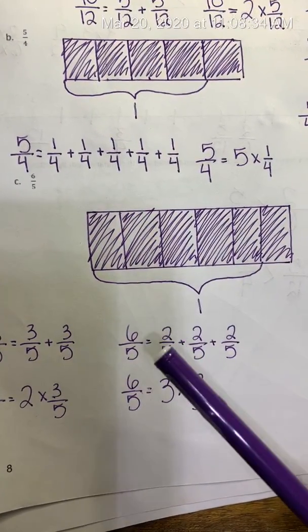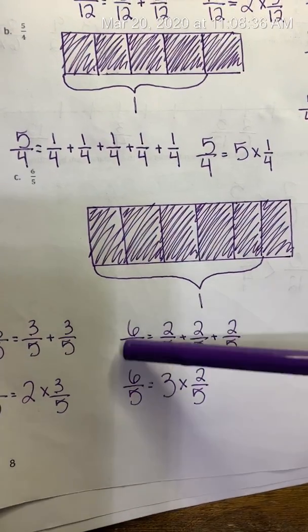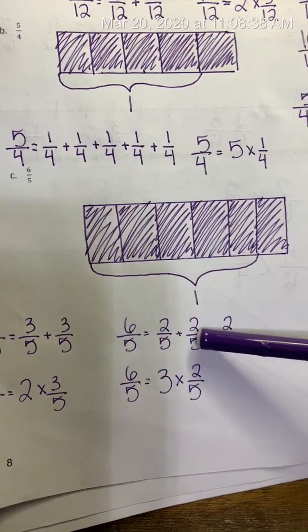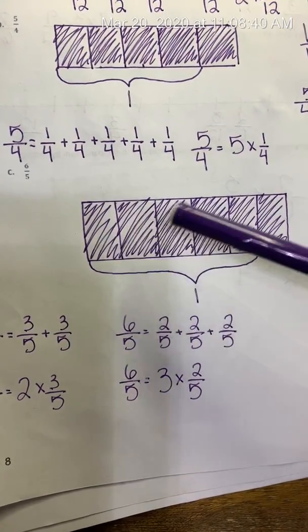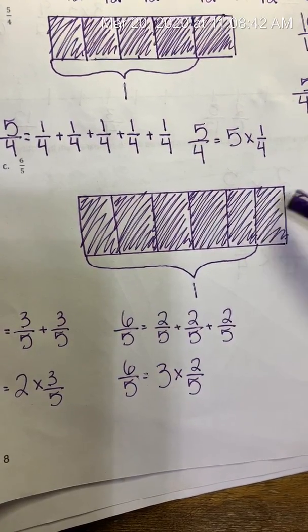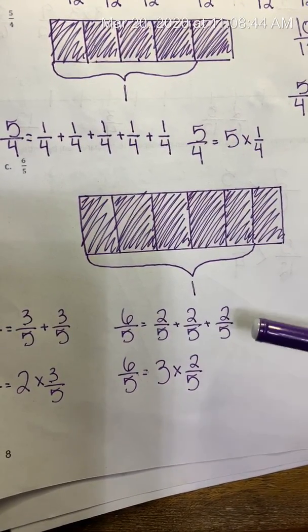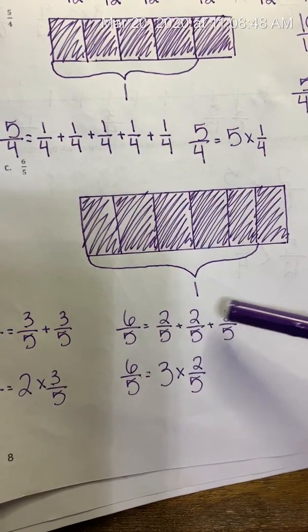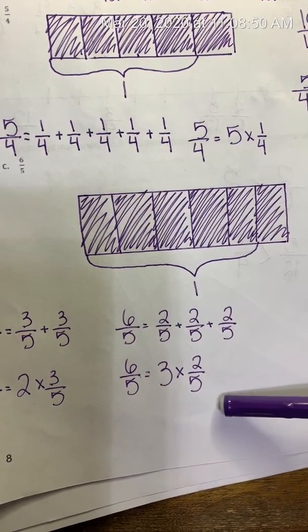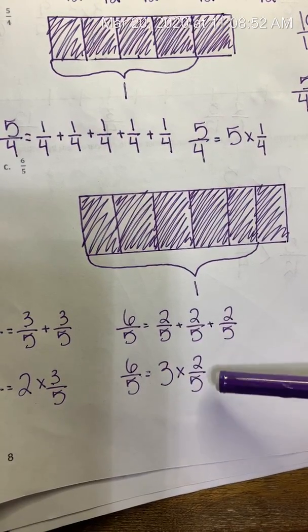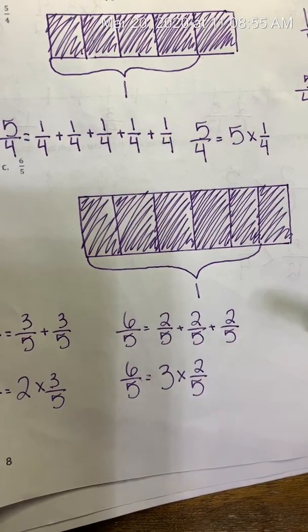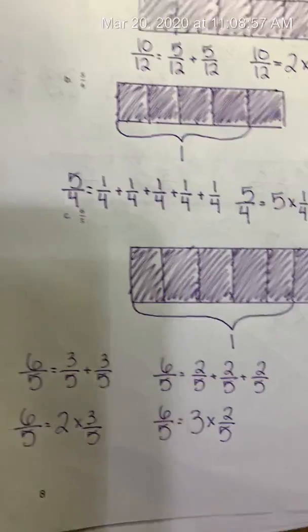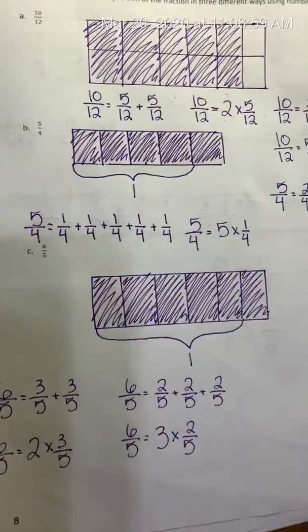You could have also had 6 fifths is equal to 2 fifths plus 2 fifths plus 2 fifths, so 2 parts plus 2 parts plus 2 parts. And then that as a multiplication sentence would be 6 fifths is equal to 3, since we have 3 of them, times 2 fifths. So 3 times 2 fifths is equal to 6 fifths. Questions on that one, you can just put in the comments below.